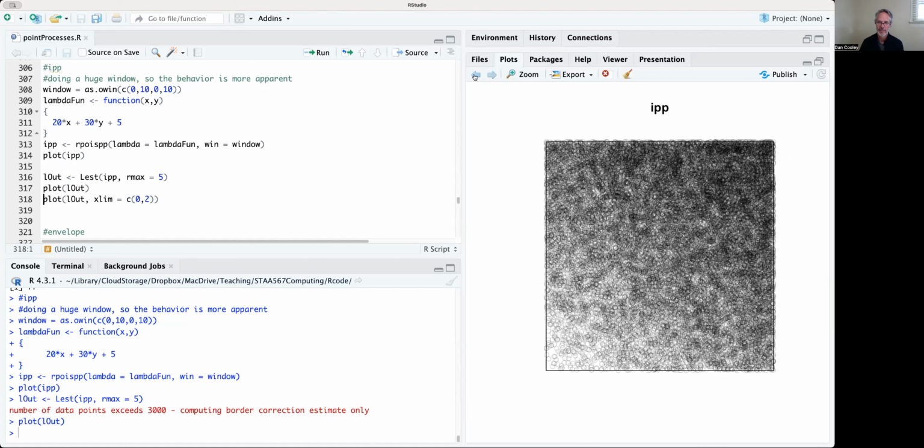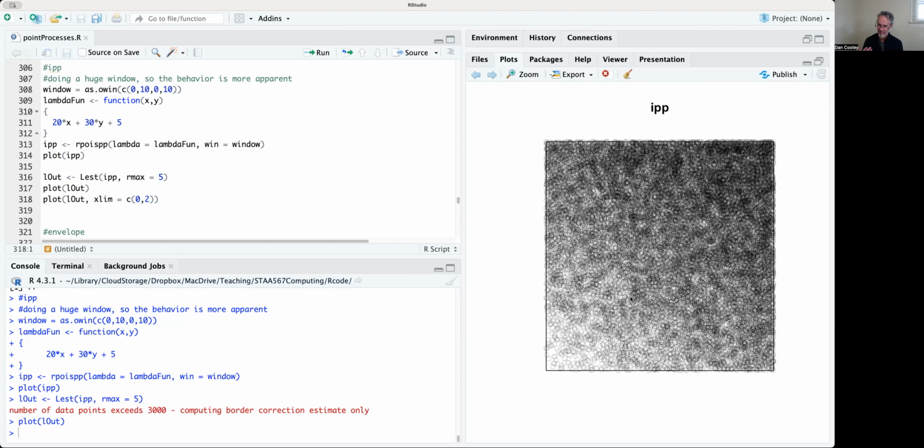Where that's coming from is a little harder to see in this plot, but what's happening is it's taking every circle and counting the number of points within a distance, and because there are more events to choose from up here than down here, it's going to indicate that the average number of points within a given radius is greater than it would expect if we had complete spatial randomness.